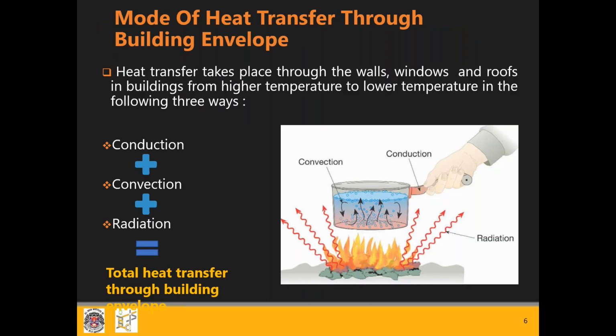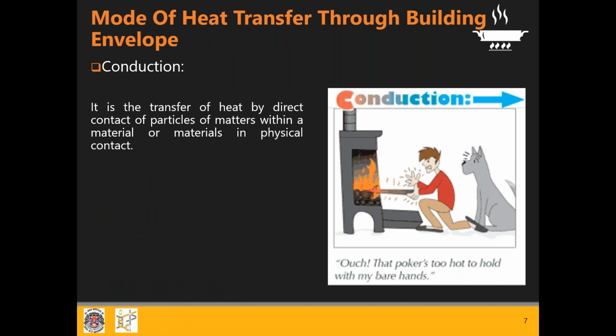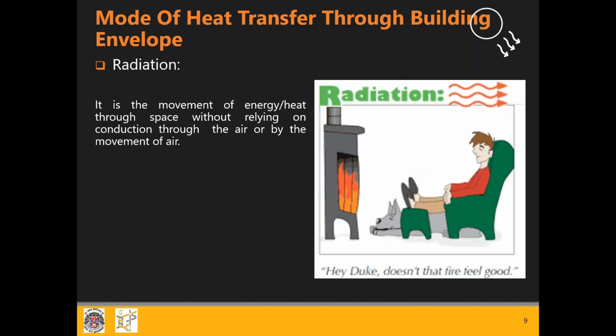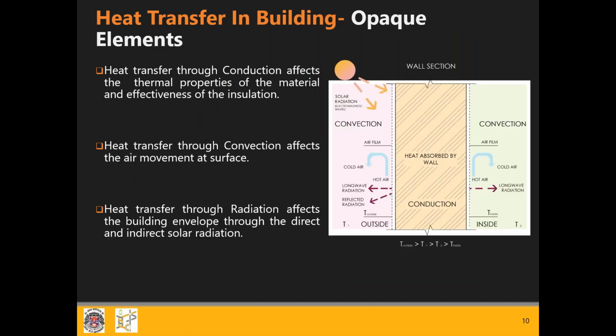So I'll just quickly go through these slides. We will share these slides with you for you to have an understanding of conduction, convection, and radiation. What I'm trying to do is quickly go through these basic slides so that I can give more time to the eQuest software, which is the main reason why this training session is taking place.